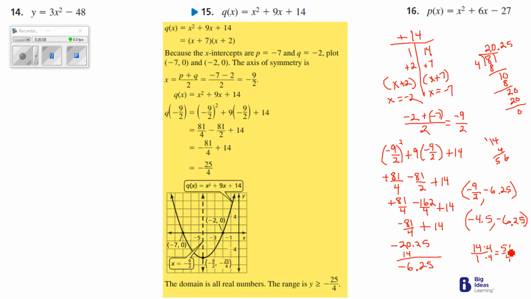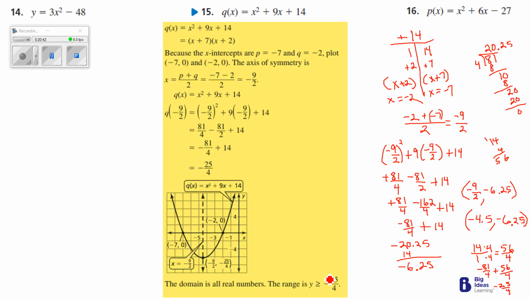So we're taking negative 81 over 4 plus positive 56 over 4. And that's going to give us the negative 25 over 4, sorry. Okay, and that's where they got that number there.